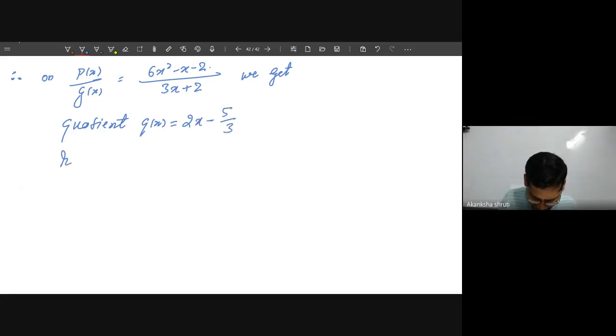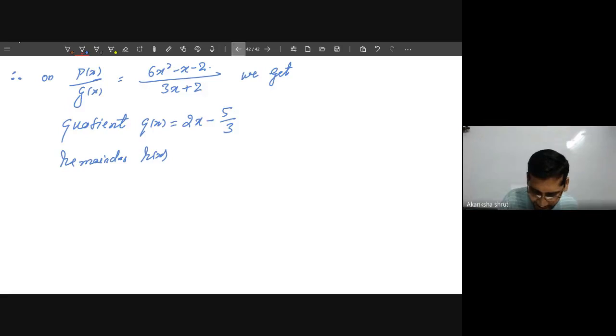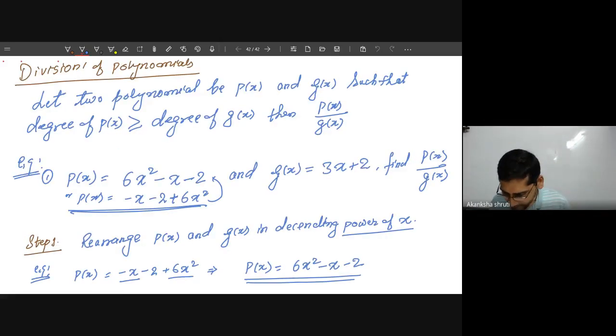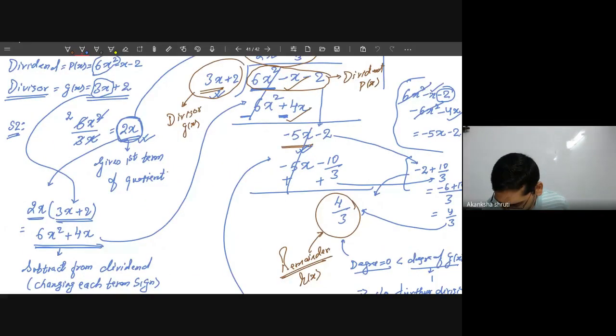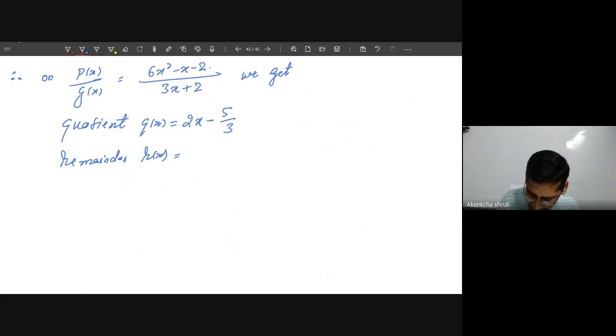And what is the remainder? 4 by 3. This is our rx. Again, watch the division. Whatever is at the bottom, 4 by 3 we have obtained. The sign is positive. So it is our 4 by 3. So these two are the answer.